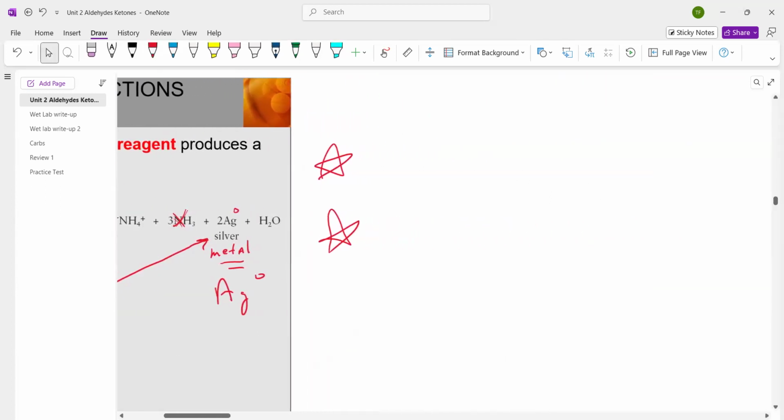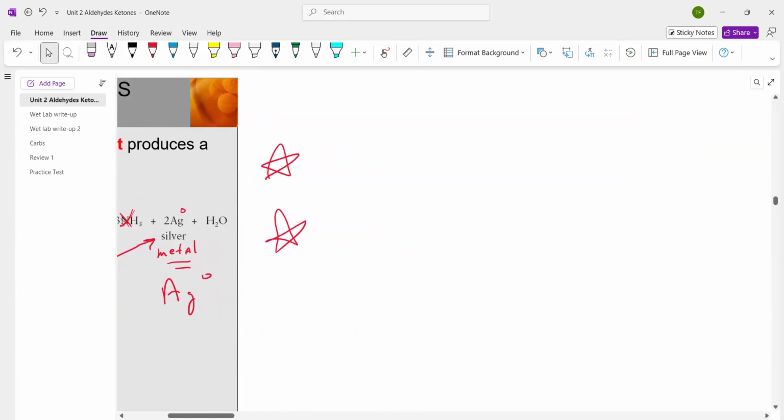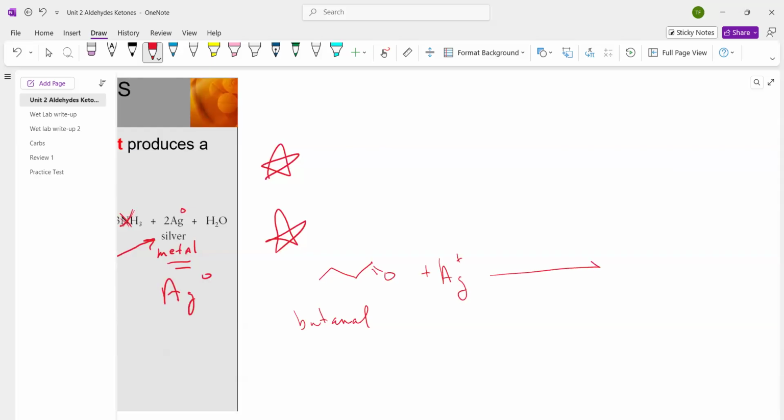Now, we can do an example. Let's take 1, 2, 3, 4. So this is butanal plus silver ion in an alkaline or basic mixture.